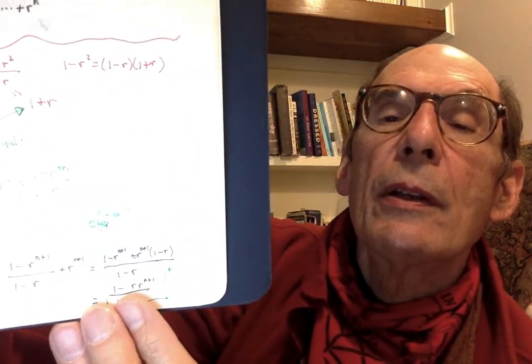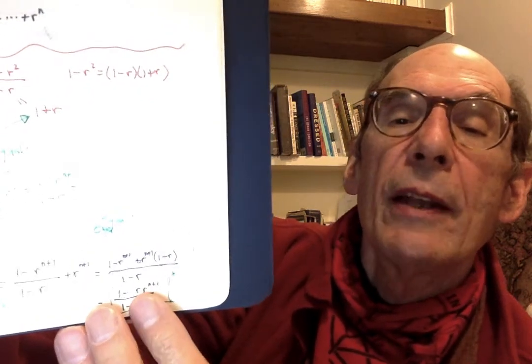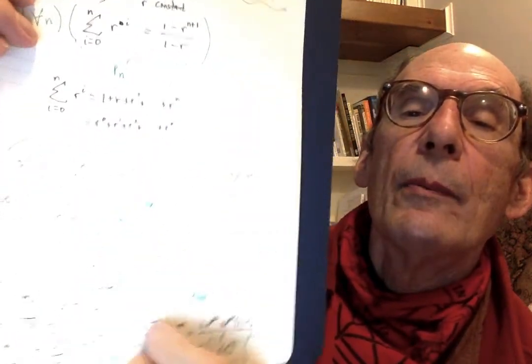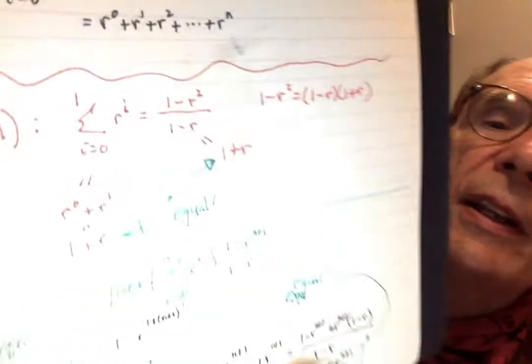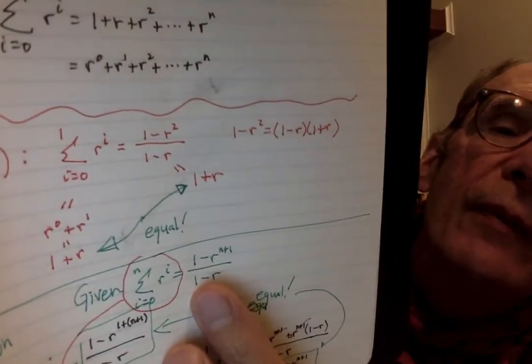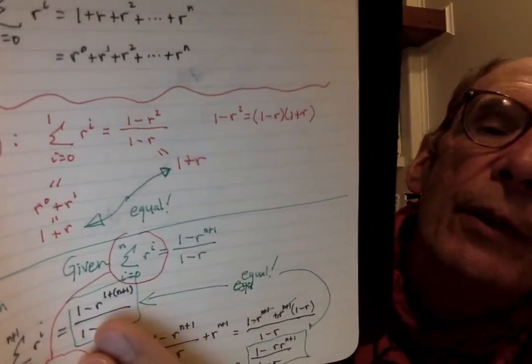Sorry, I shouldn't talk and write at the same time. It's equal to a fraction, and that fraction has 1 minus r on the bottom, and the top has 1 minus r to the power 1 more than n plus 1. And that's algebraically equivalent. I'm trying to get this to where it shows what you have here, what you want.